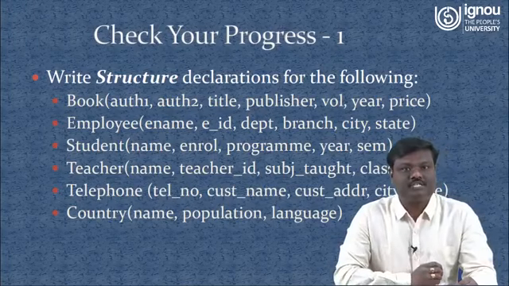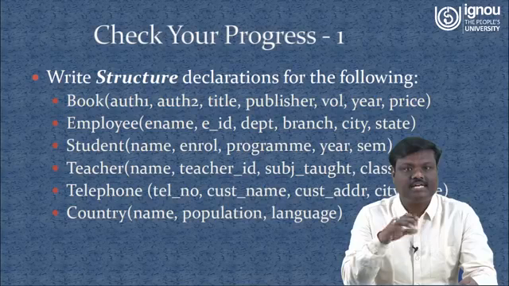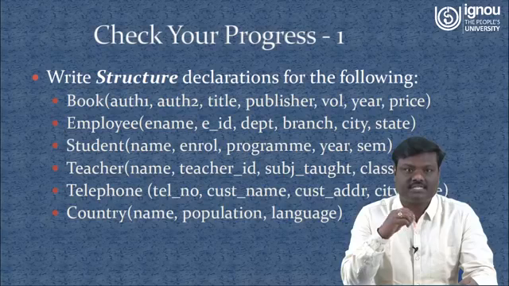This is check your progress 1. Write structure declarations for the following. You just declare the structure, that's enough. So here see the syntax. Book is the structure tag, author 1, author 2.